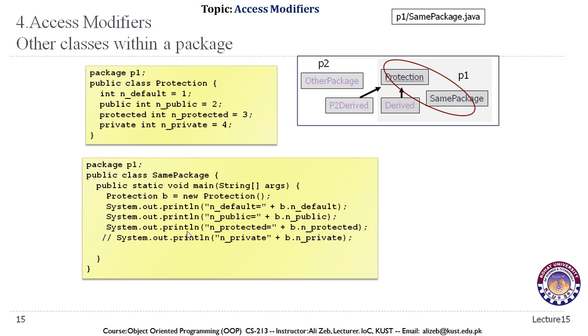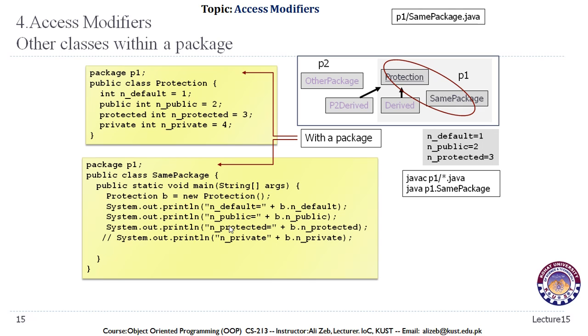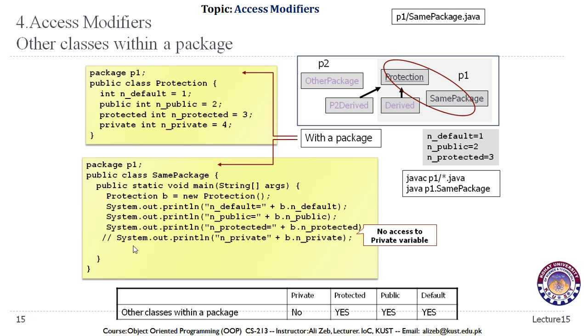So we can access the default variable within the same package. We can access the protected variable within the same package, and we can access the public variable within the same package, but again we won't be able to access the private variable within the same package by the other class.